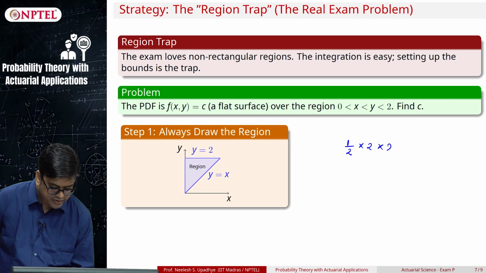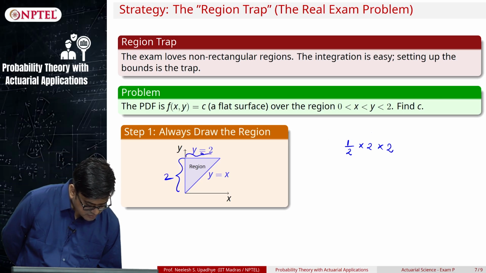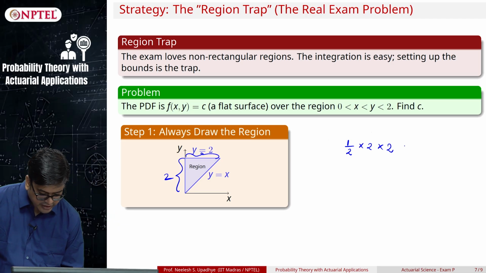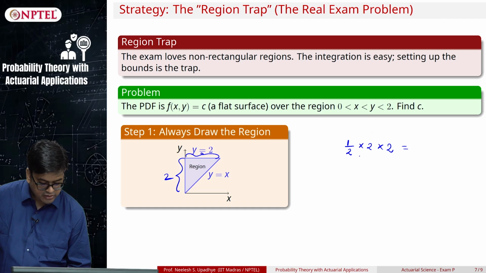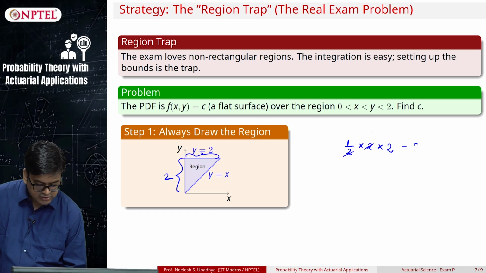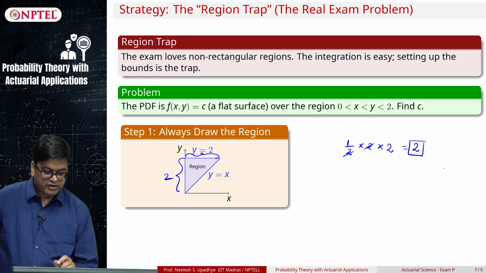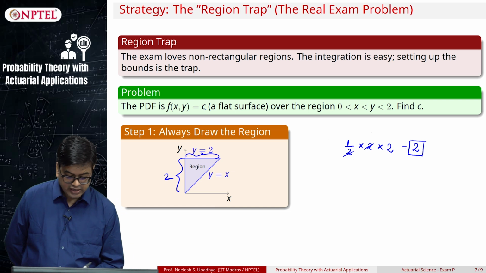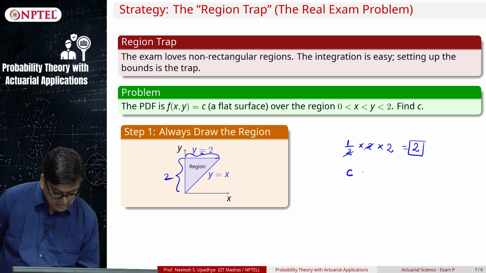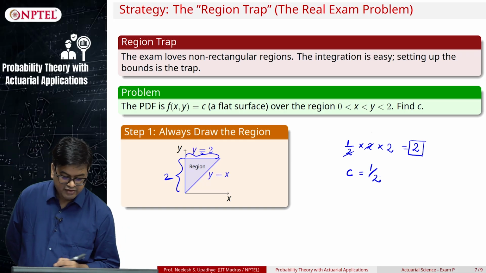So, half into 2 into 2, this is 2, this is 2, and therefore, I get the answer to be equal to 1 by 2 getting cancelled, 2. Okay. So, this 2 cannot be the area, right, because I want the area to be 1. So, I have to replace this C with 1 by 2, correct, then only this area will become 1.